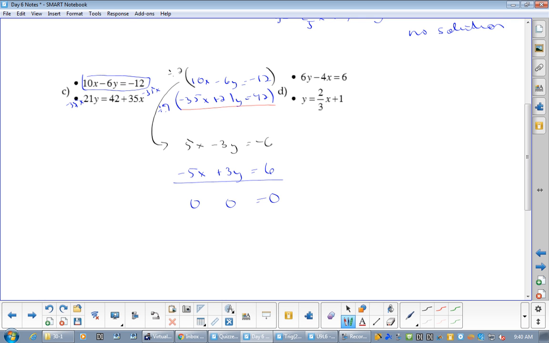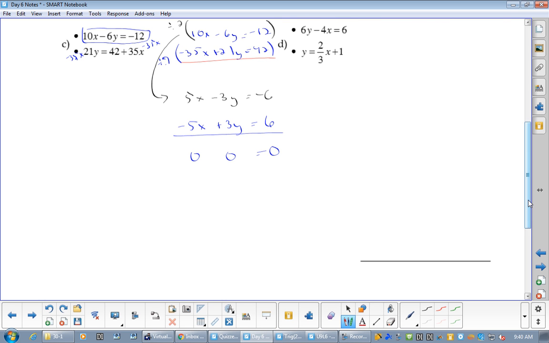What are these? They're the same lines, same aka coincident lines. Now, put them y equals, you'll see they're the same line.